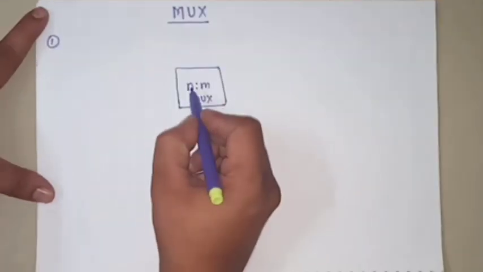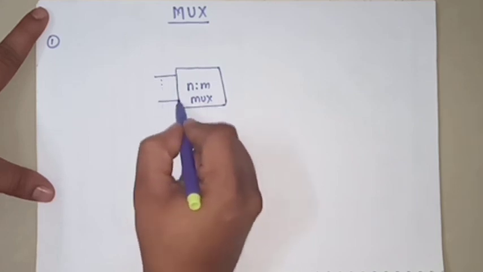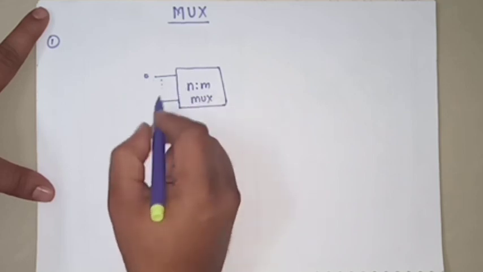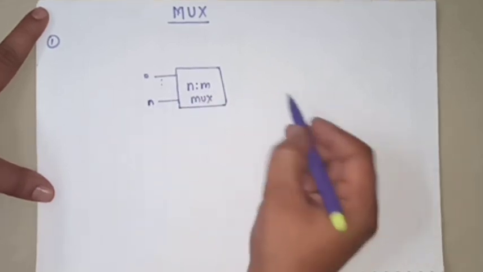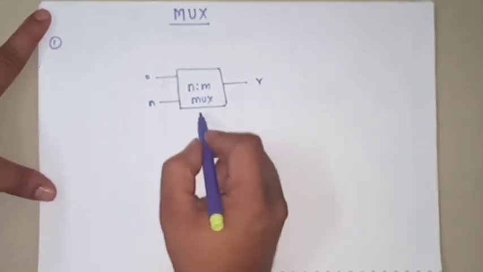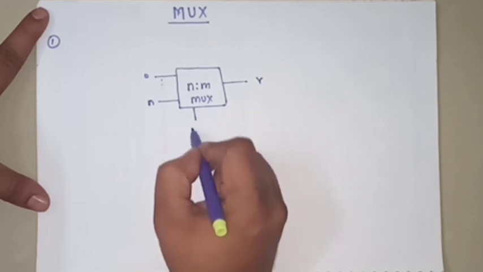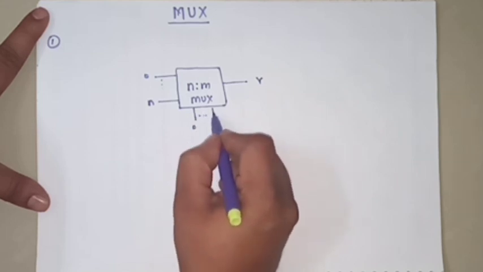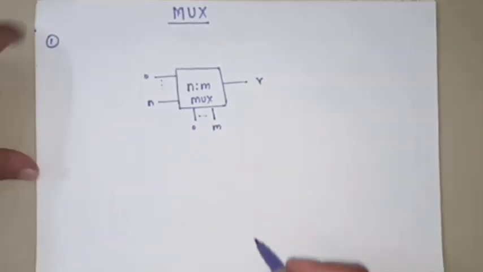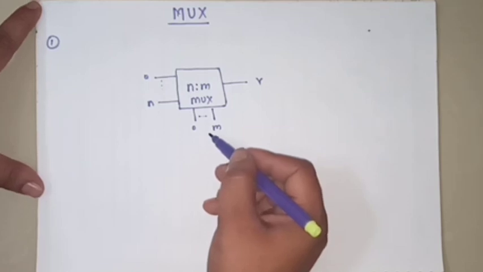Every mux consists of n number of inputs, numbered from 0 to n, and only one output, that is Y, and m number of select lines. This is the general block diagram of multiplexer.